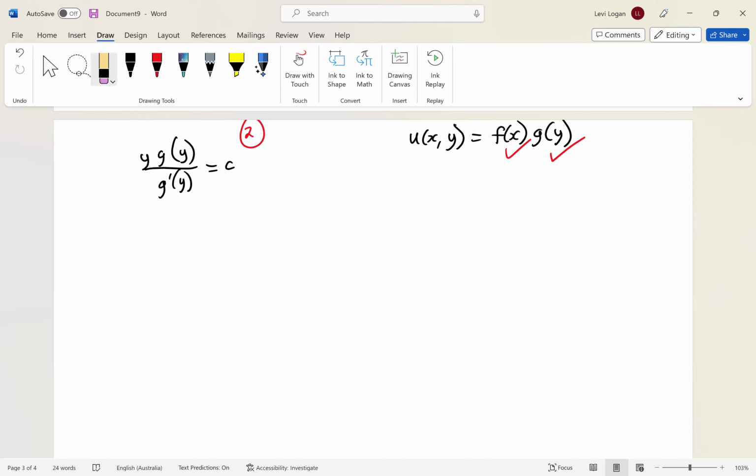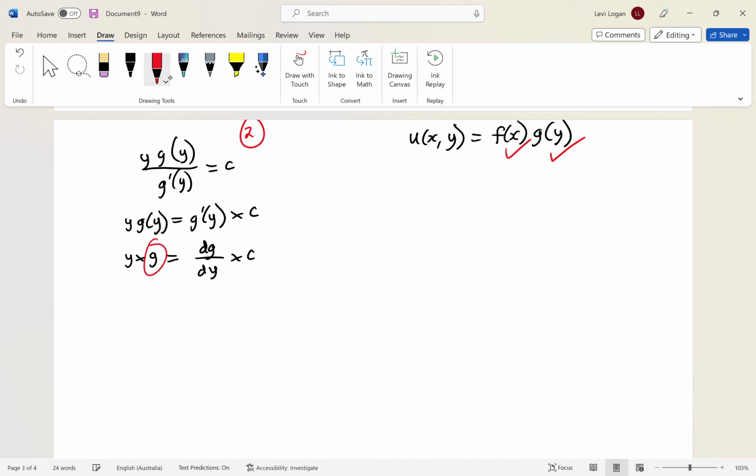I'm just going to multiply both sides by g prime of y. So y g of y is equal to g prime of y times a constant. Now I'm going to change the notation, so I have y times g is equal to dg over dy times c. So all I'm going to do now is get all my dg with my g.